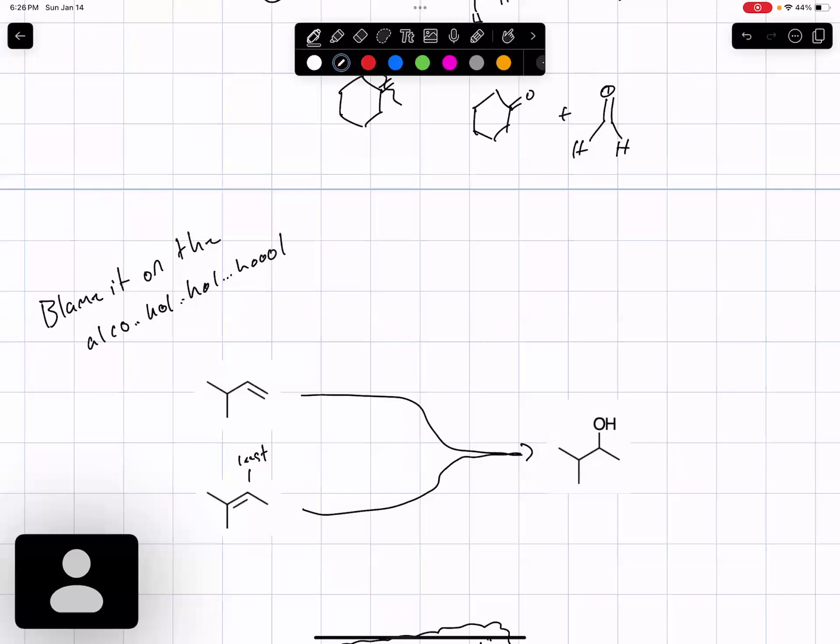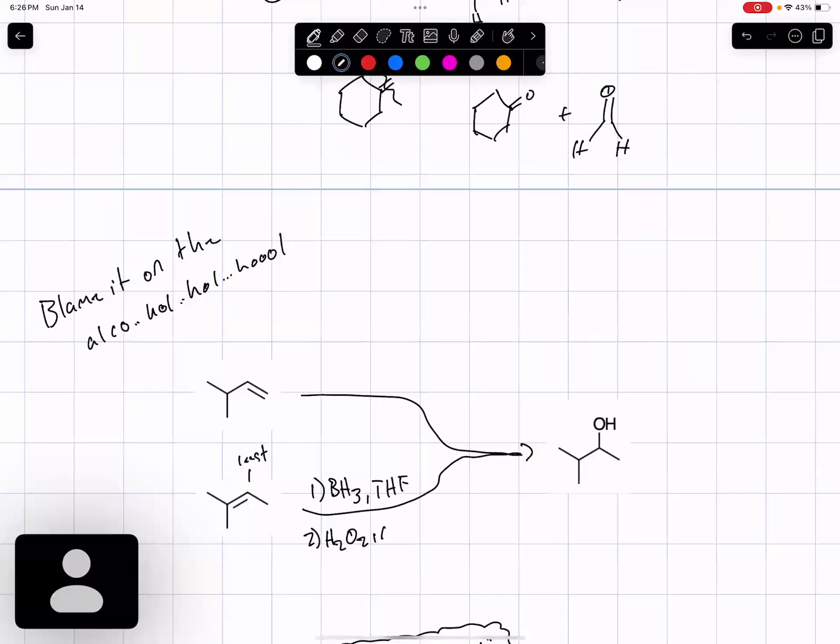The top one. Okay, so if you're adding... Is it hydroboration? Yes. So hydroboration adds to the least substituted side. So these are the most useful reagents to add OH to an alkene.